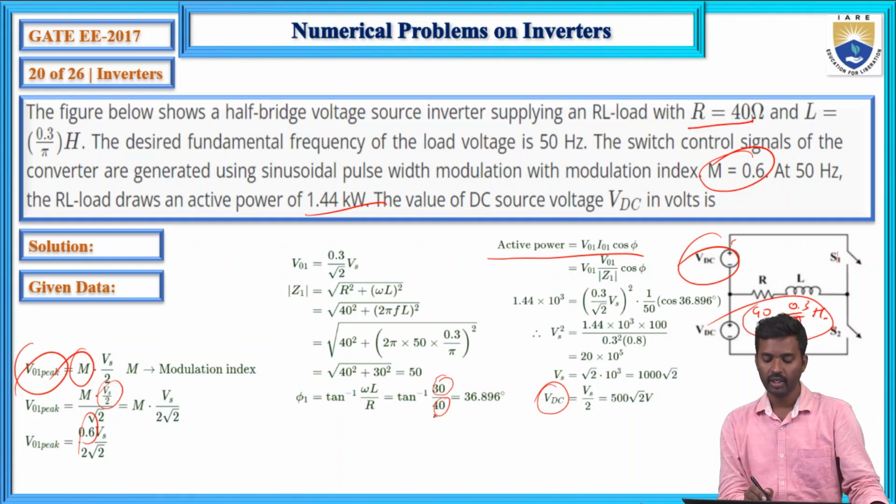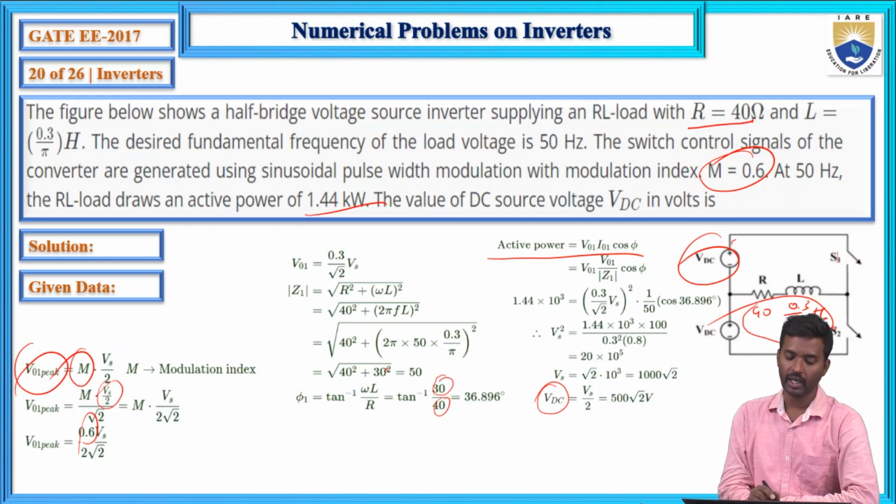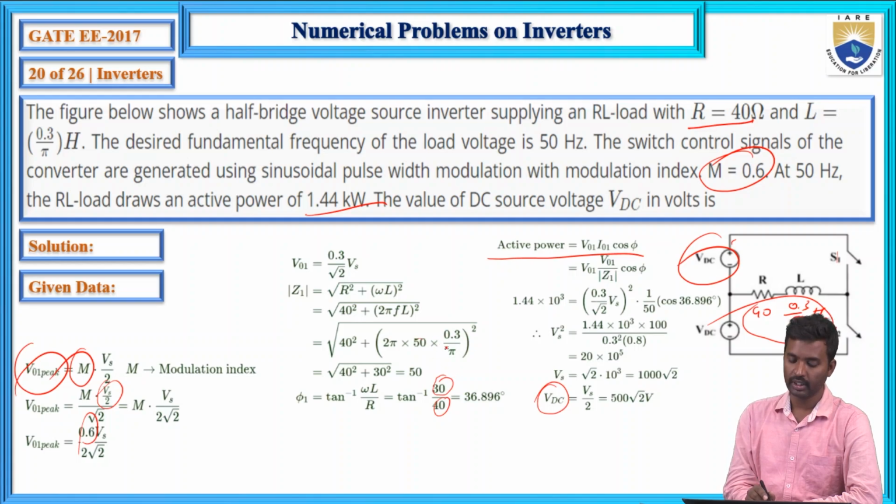With 2πf by R, where R is 40, and ωL equals 2πf into L, that is 30. So the impedance is 50 and the angle is this much.